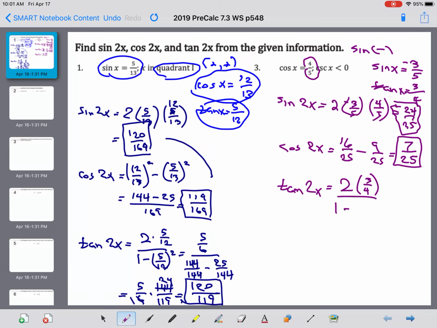And then the tangent of 2x is going to be 2 times my tangent, and then 1 minus my tangent squared, which is 9/16. I'm going to change this to 16/16. So these reduce to 2, so I get 3/2 divided by 7/16. 3/2 times the reciprocal gives me, that doesn't quite look right here.